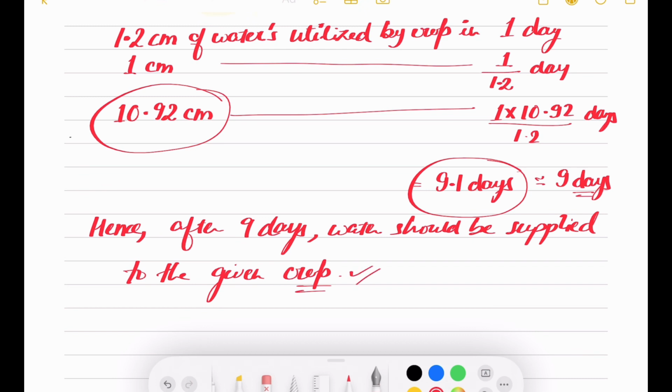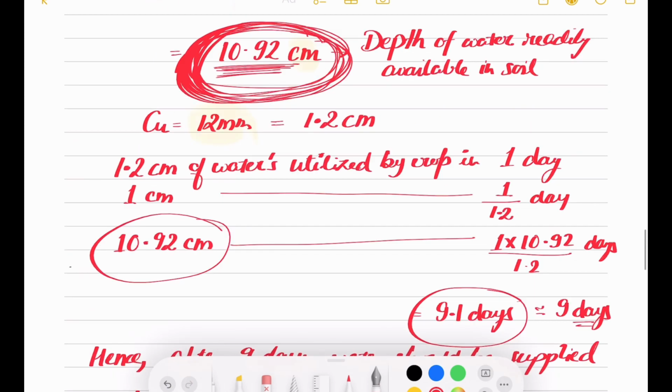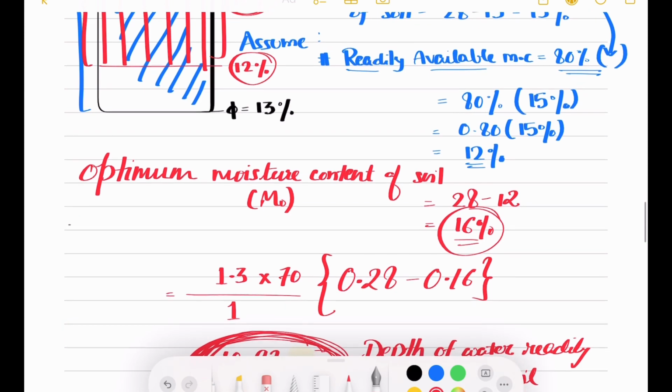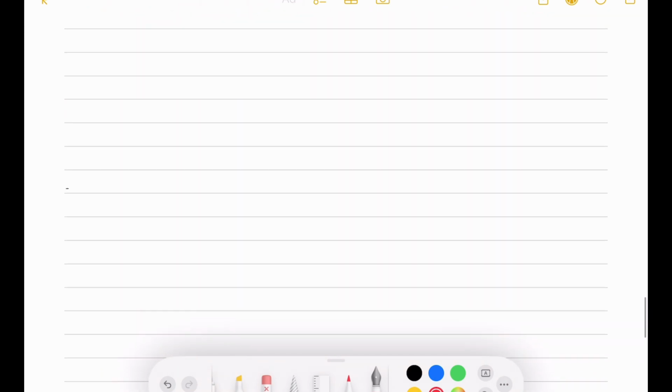Okay, so this is how we have to find out the watering interval of the crop. All right. I hope this question is clear to you. If you have any doubt, you can always ask in the comment section. All right. Let's do another question.